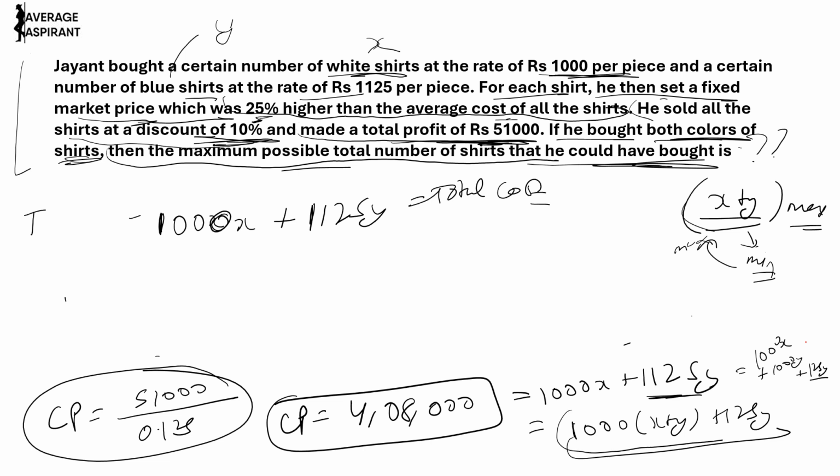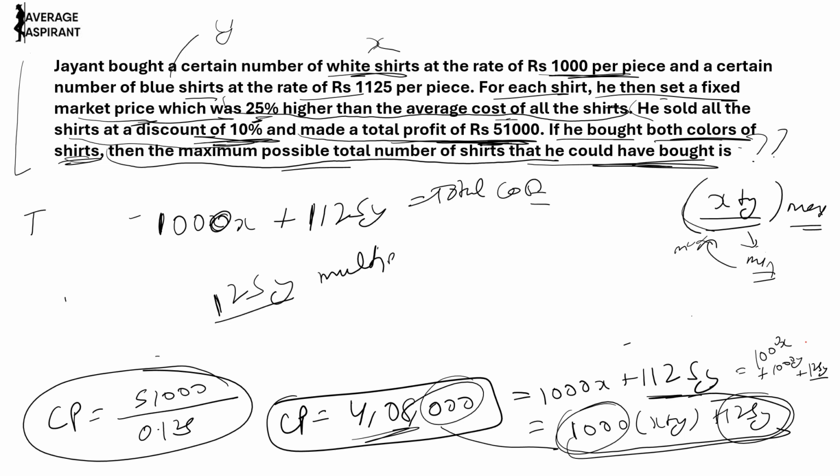Now this is equal to this. If you notice here, this is a multiple of 1000, this is a multiple of 1000, and this is not a multiple of 1000. So 125y should be a multiple of 1000. And we need to minimize y to maximize x plus y. So can y be 1? No. 2?